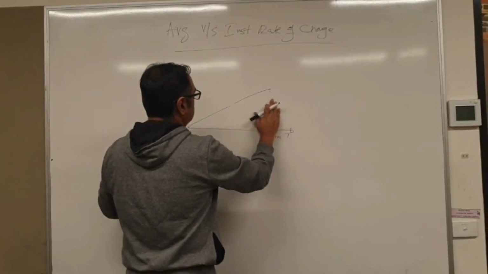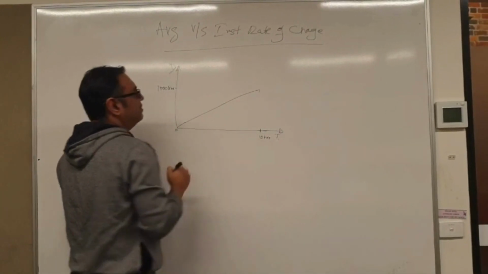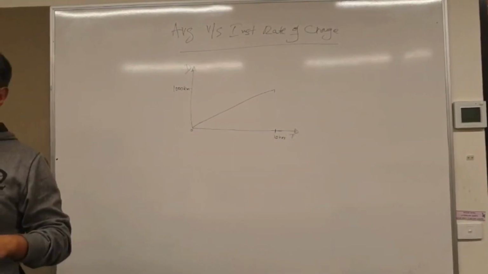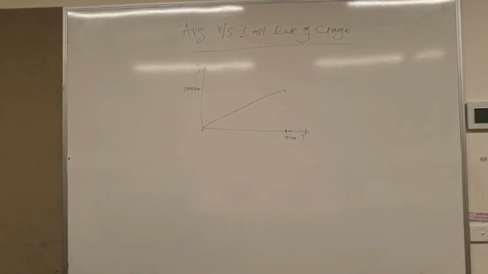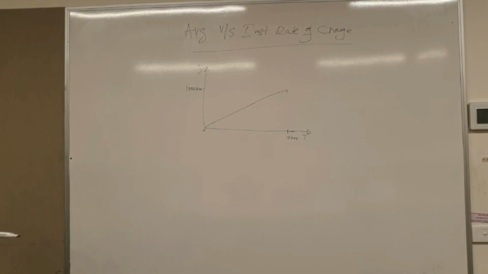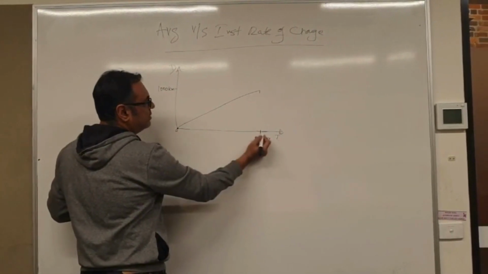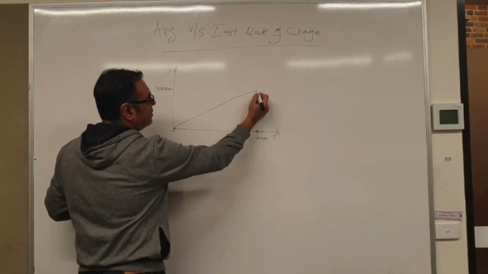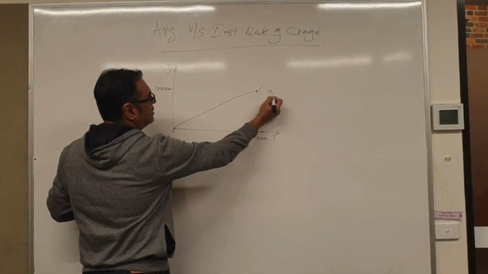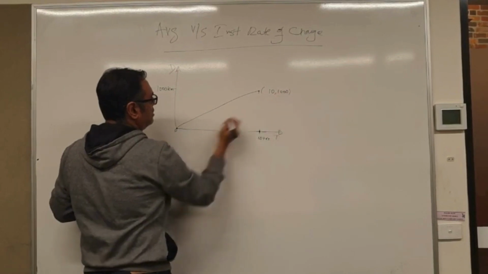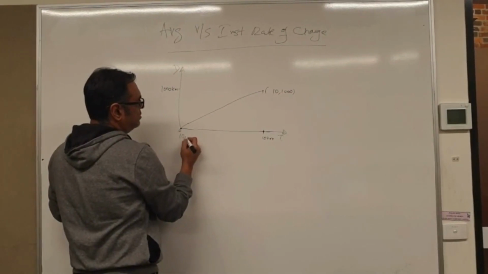If I ask you how much was your average speed here? Distance over time. So you'll say, okay, started here, ended here. So this point is (10, 1,000), and this point is (0, 0).